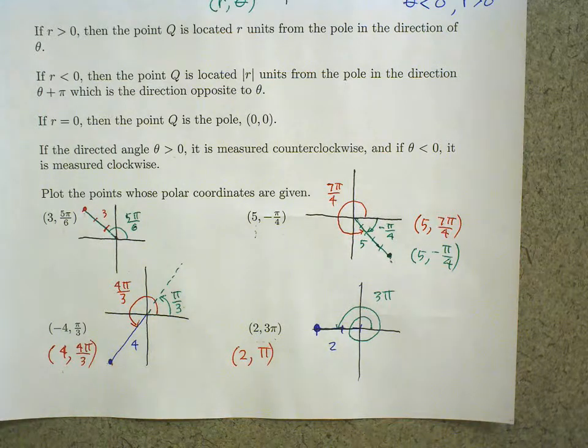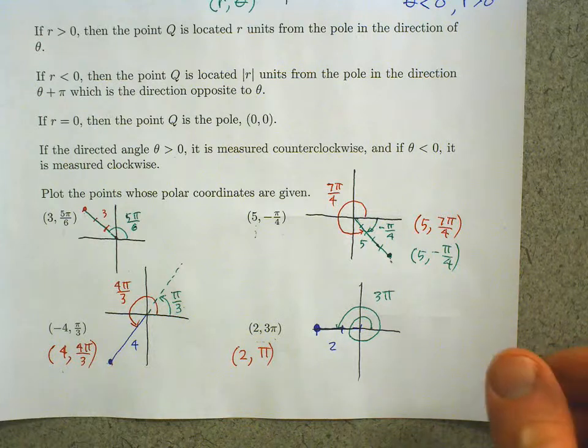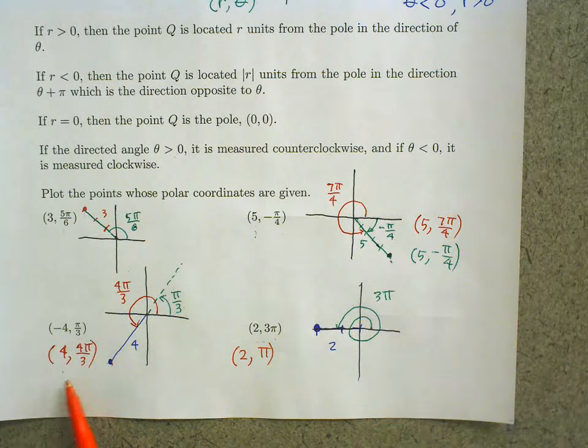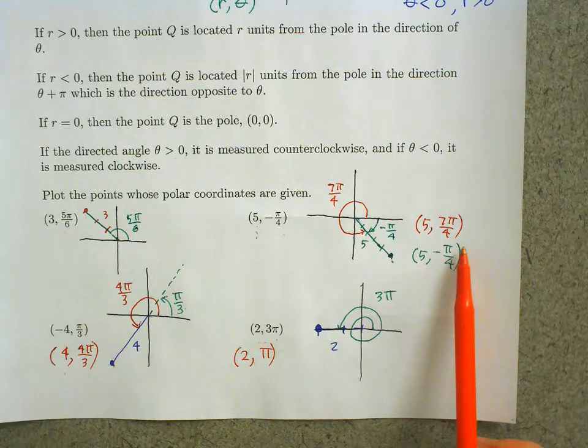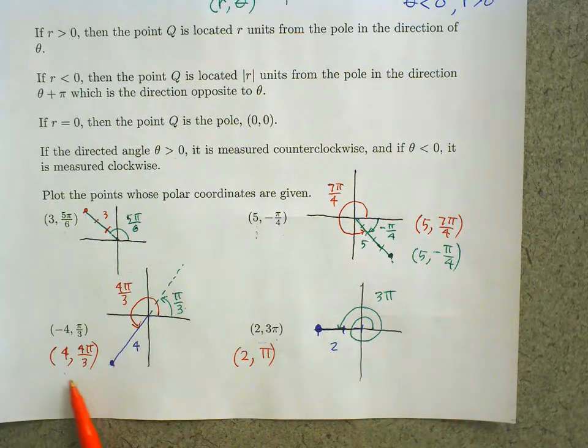Okay, in the next part, we'll talk a little bit more about what I've already mentioned in those 3 examples. There are multiple ways to represent a point using polar coordinates.